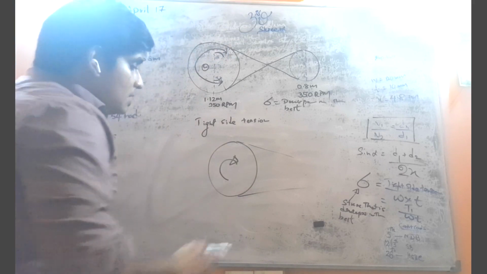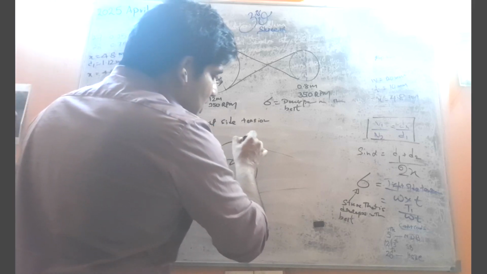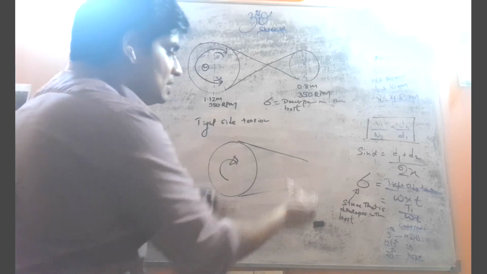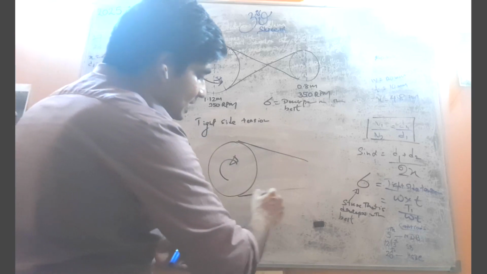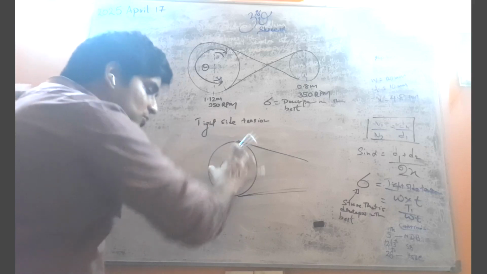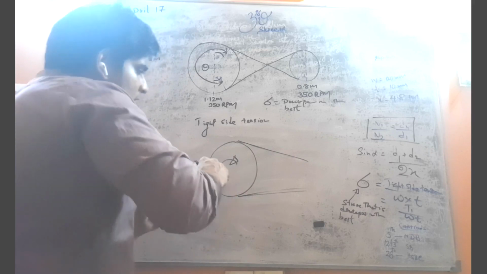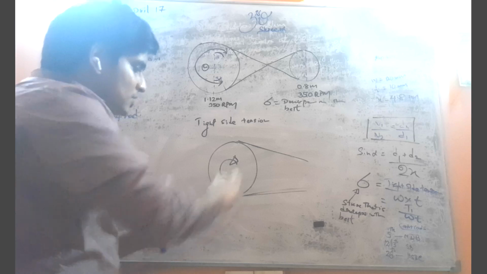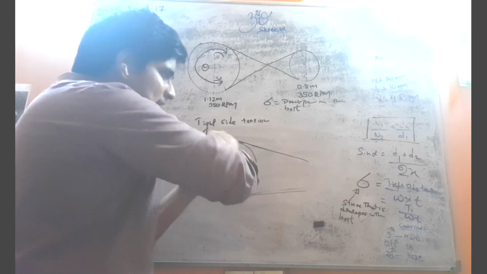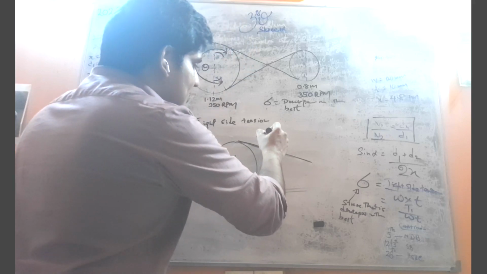Let's say this is the part of the belt at the upside, and this is the part of the belt at the downside. Because of this clockwise rotation, the upper part will undergo a pulling force. So this part of the belt will feel a pulling force, and because of that, this side will get tightened.